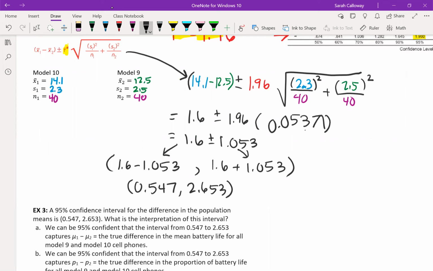If we were drawing conclusions, because it was model 10 minus model 9, this shows us that the model 10 battery should last longer than the model 9, anywhere from a half hour to 2.5 hours, if I'm thinking about what those numbers mean in context.